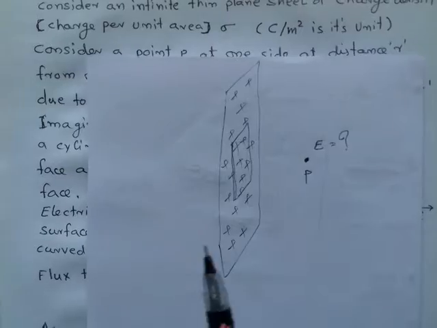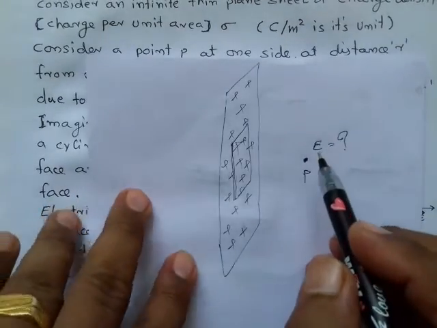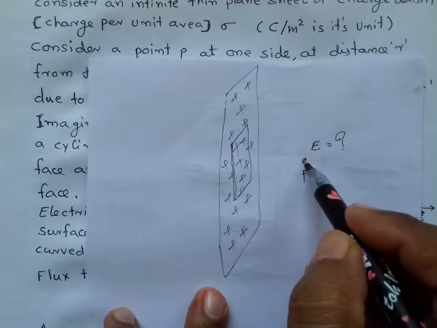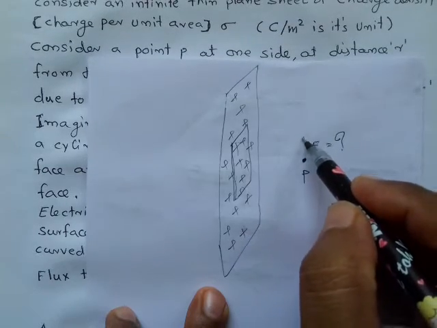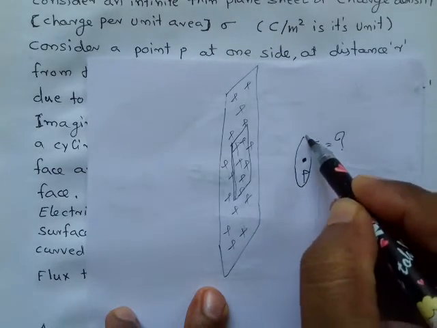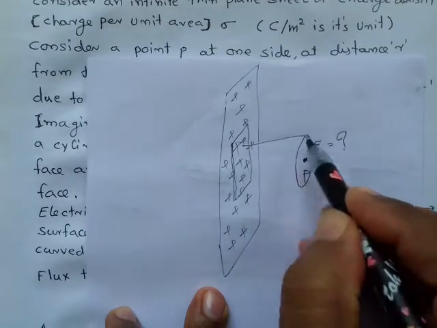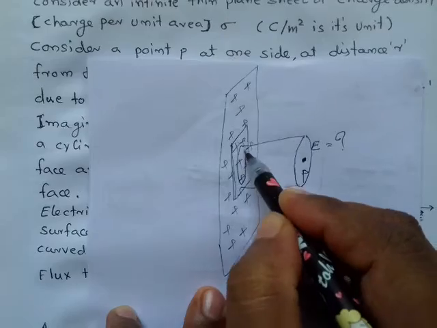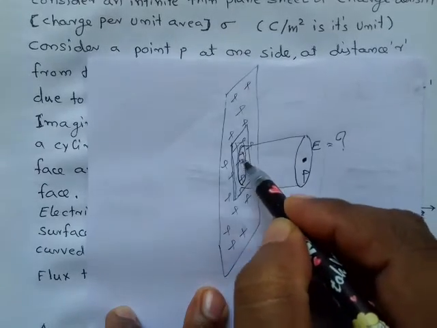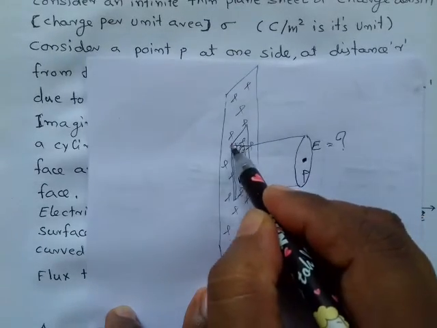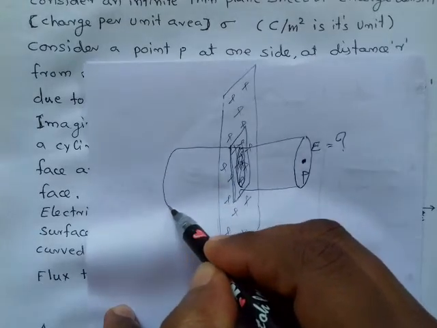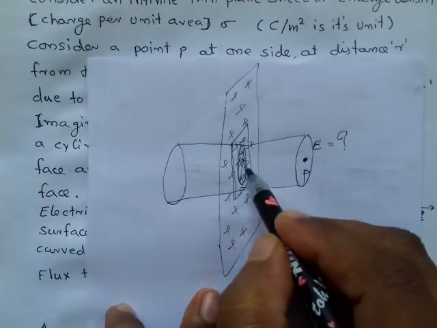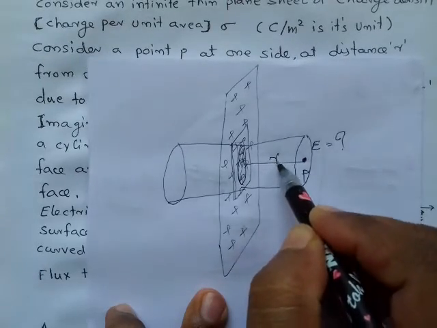So we have told that we need to consider a Gaussian surface. In that surface P should be a point. So we will take a surface like this. This much area is having positive charges, and the imaginary cylinder is continuing like this. So this distance is r.